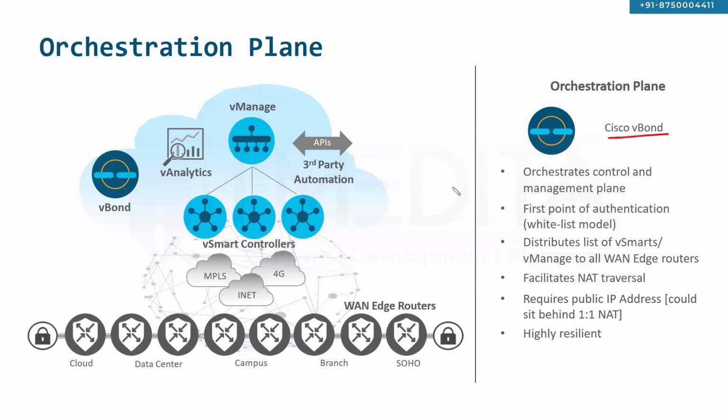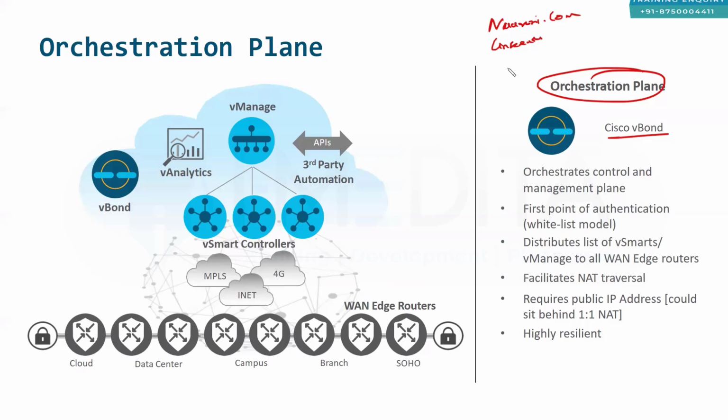The Cisco vBond, also known as the orchestration plane or orchestrator, you can simply compare with Naukri.com in India. I don't know how many of you use Naukri.com, maybe LinkedIn; there are many websites for job seeking. On Naukri.com, if somebody is looking for a job, they get themselves registered and upload all their information.